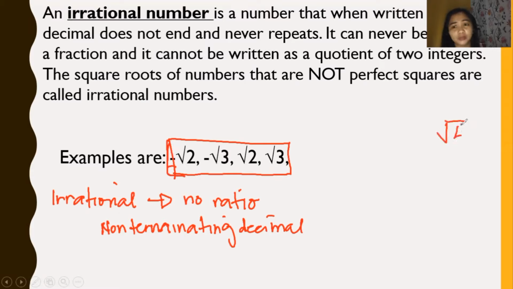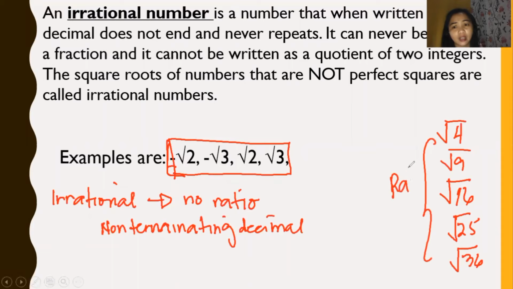We have square root of 4, square root of 9, square root of 16, square root of 25, square root of 36. Lahat ito rational kasi sila ay perfect square. Yung 4, 9, 16, they are all perfect square kasi dyan we have 2, 3, 4, 5, 6. They are rational.